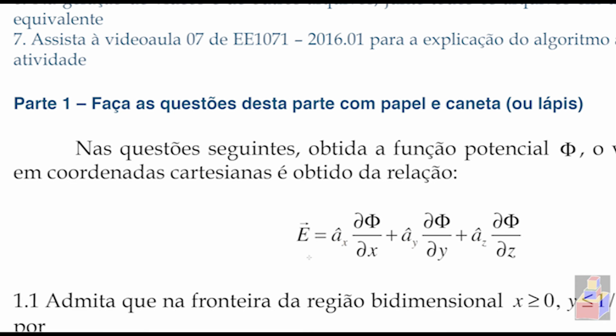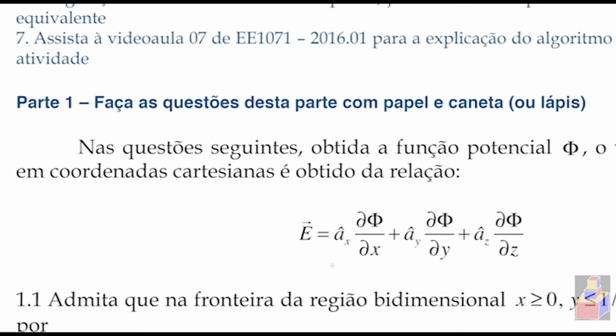The E field is a vector, and from it we can plot field lines. So you're going to have an approximate function, not a perfect solution, and for that we're going to get the E field. The x component of the E field is the x derivative of phi, the y component is the y derivative of phi, and so on.